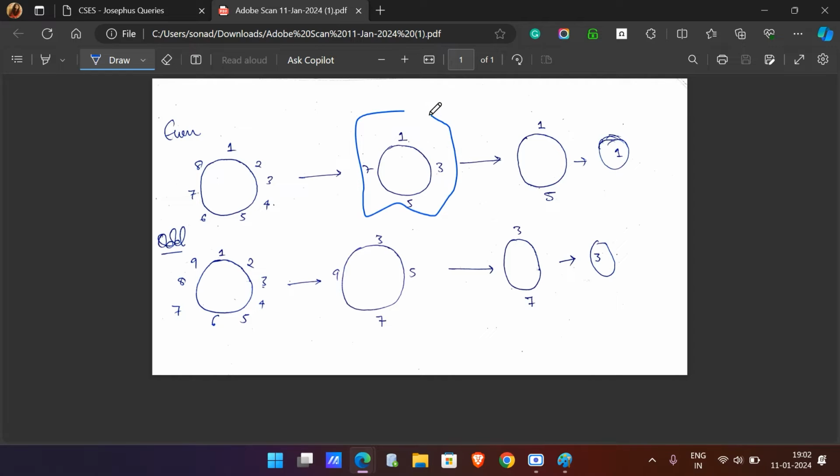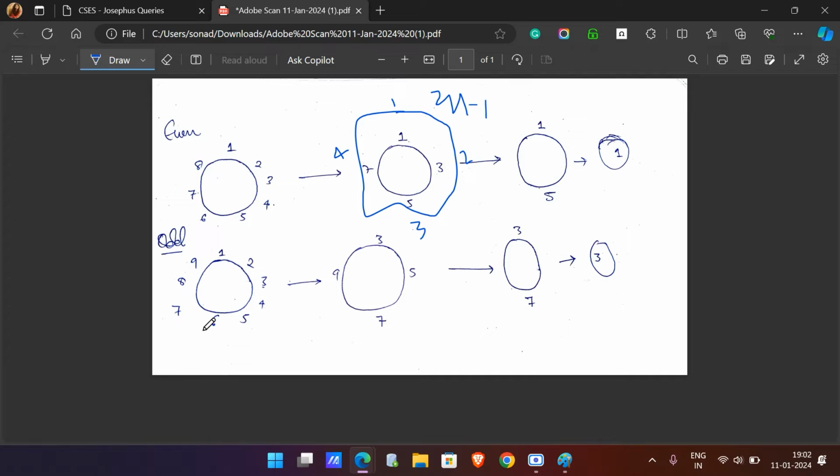If I consider the initial case of 4 children, it would be 1, 2, 3 and 4. Can you relate this? 1 to 1, 2 to 3, 3 to 5, 4 to 7. I think it's a basic equation, that is 2n minus 1.